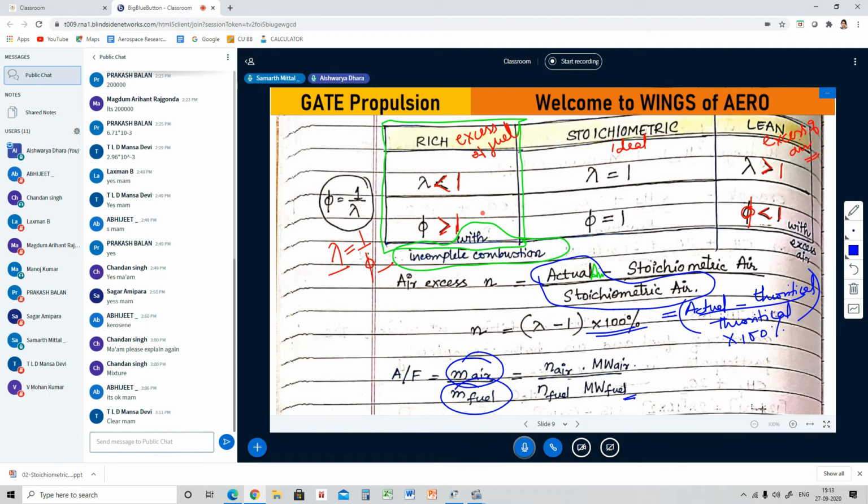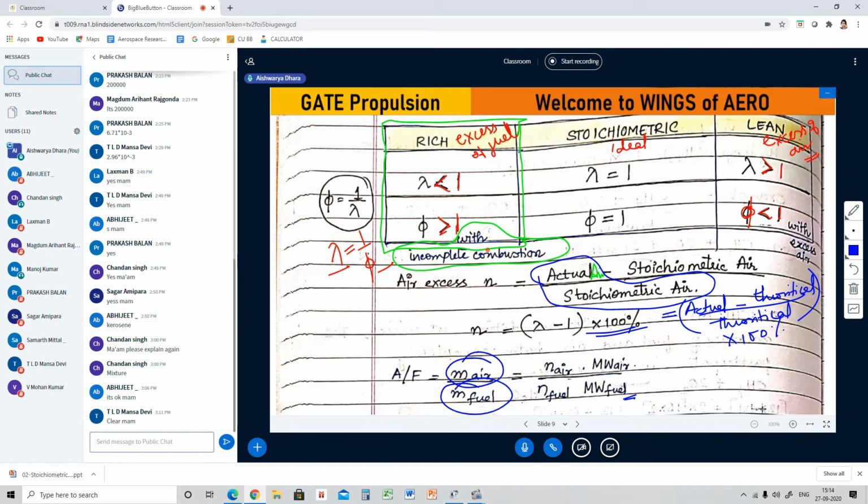It's incomplete combustion. See, whenever we need to combust, we need to mix the air and fuel. Let's consider here that we are only talking about an air breathing engine. We need a large amount of oxidizer to burn the fuel. The amount of air should be more as compared with the fuel.